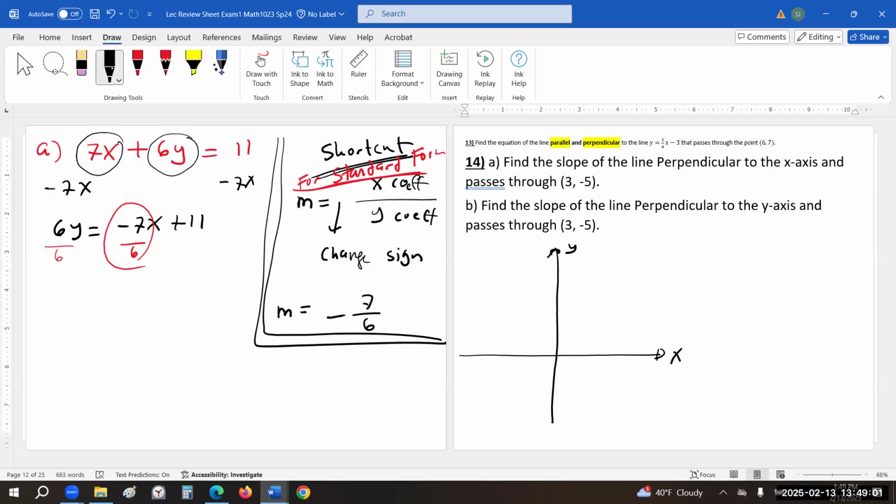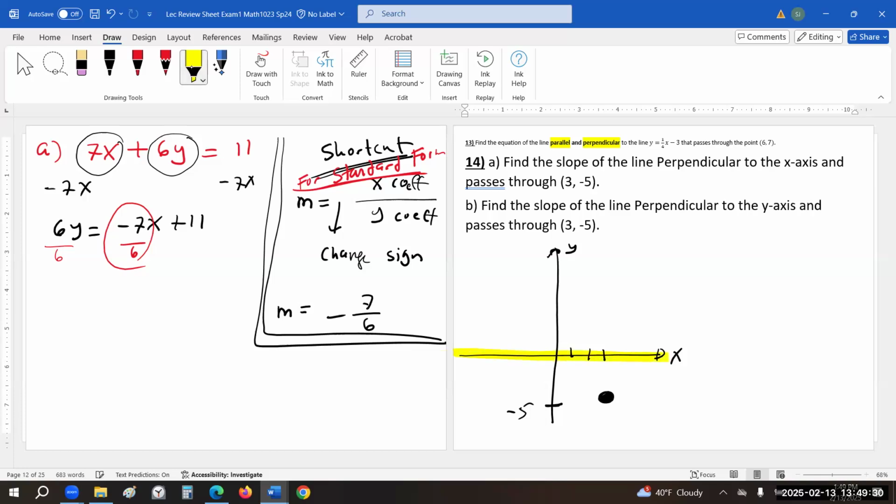So they gave you a point. Anytime they give you a point, plot that point. 1, 2, 3, and let's say this is -5. You don't have to draw the axis because I already drew it for you. In the exam, you'll see your axis is given. First step, plot the point, and then read the question. Find the slope of the line perpendicular to the x-axis.